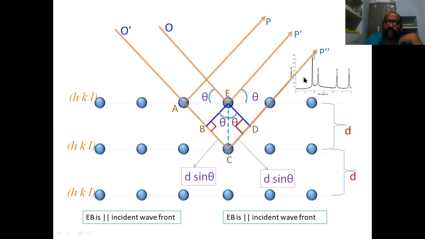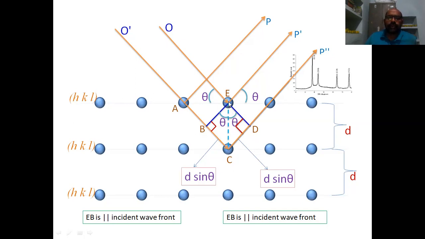It is reflected along the direction CP''. Now EP' and CP'' are propagating along the same direction. But if we see the path lengths of these rays, there is some path difference.